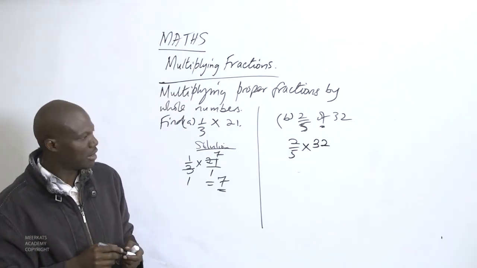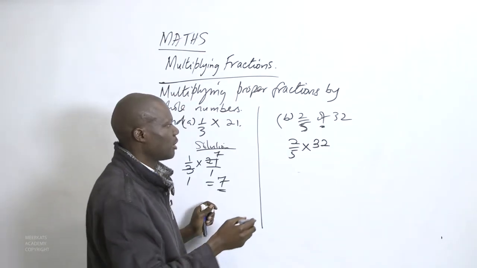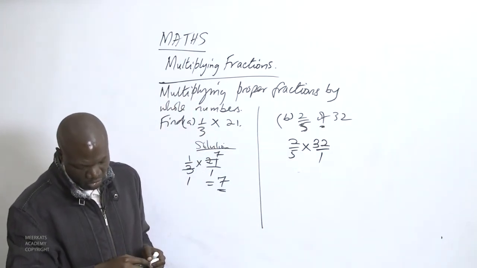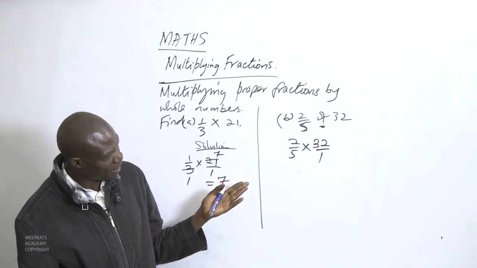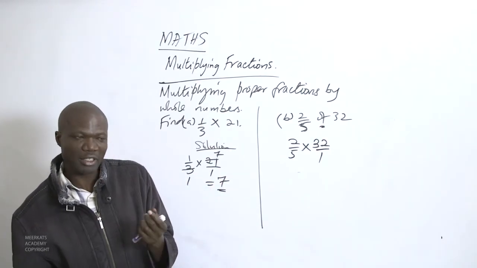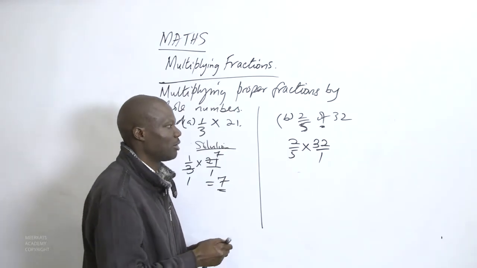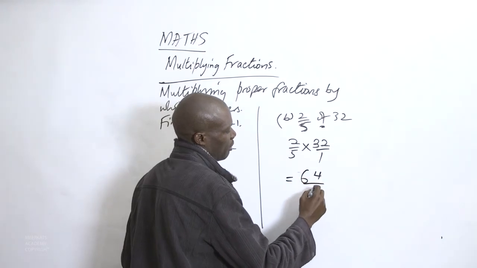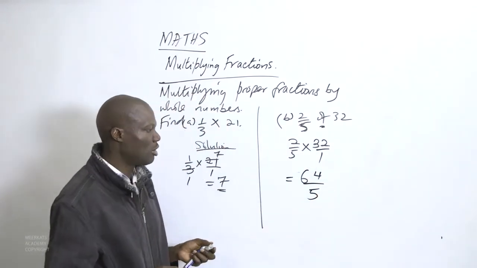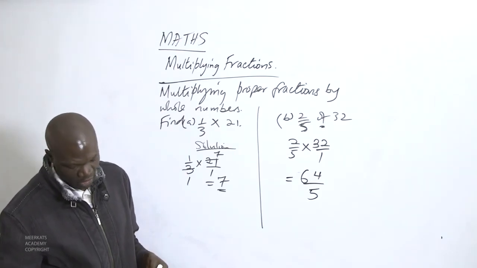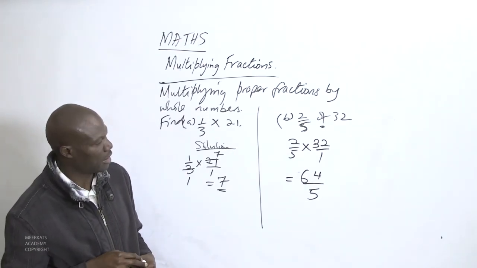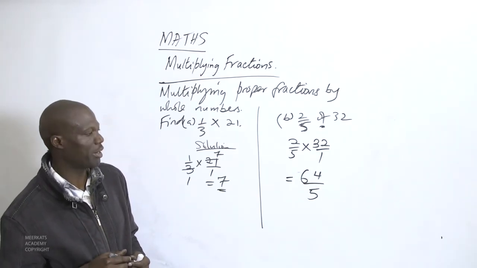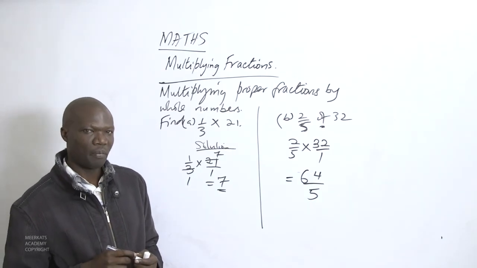Now looking at this, there's nowhere we can cancel, and if we want to make this one a whole number, 32 over 1, we cannot simplify anywhere, which means we multiply the numerators, then multiply the denominators. And when you do that, you will get 64 over 5. That is 64 over 5, an improper fraction, and it needs to be simplified further and written as a mixed numeral.